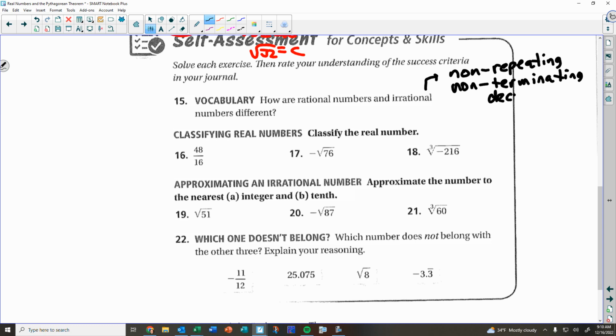And in that classification, the non-perfect square roots fall into that, because non-perfect square roots are non-repeating, non-terminating decimals. So that means rational numbers are everything else. Repeating decimals, terminating decimals, whole numbers, natural, all that stuff. Okay. So that could have been a good vocabulary definition there.